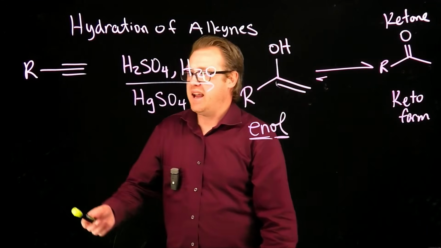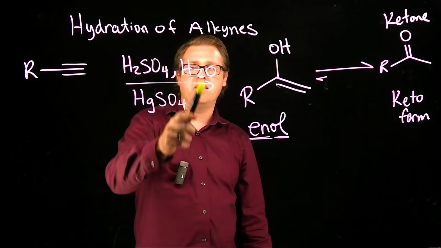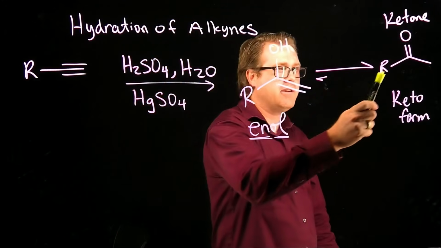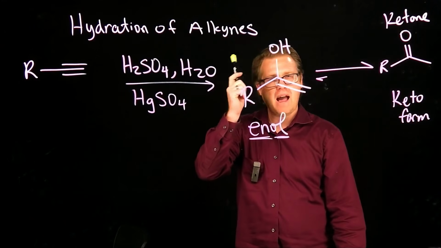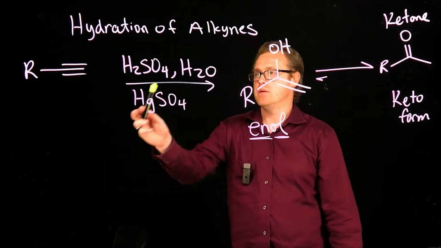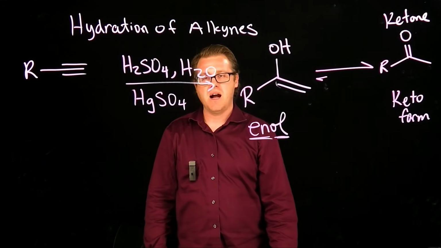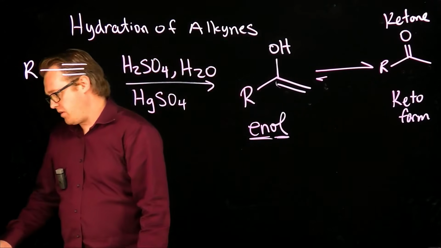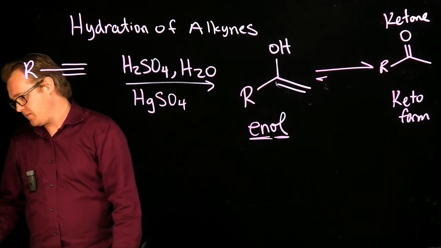So what we can say is when we take an alkyne and we hydrate it with some acid and mercury sulfate, we are going to generate a ketone. So put that in your head. How do I make ketones? This reaction right here, hydration of alkynes. So I want to go through the mechanism with you to show you how this all works.